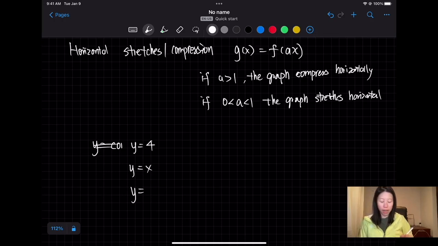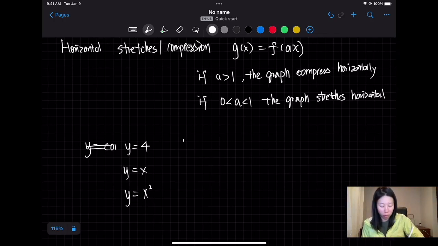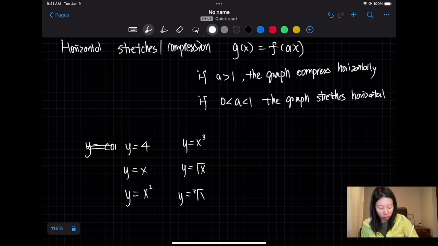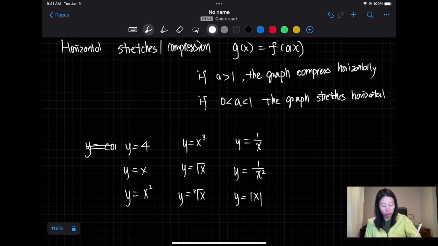We have x squared, which is the quadratic function. We have the cubic function. We also have the square root function. We have the cube root function. We have the reciprocal function. We have the squared reciprocal function. What else? Oh, we also have the absolute value function.